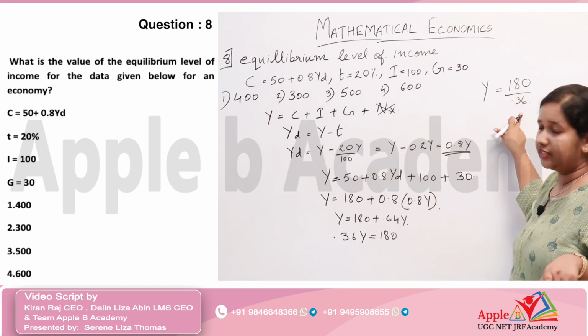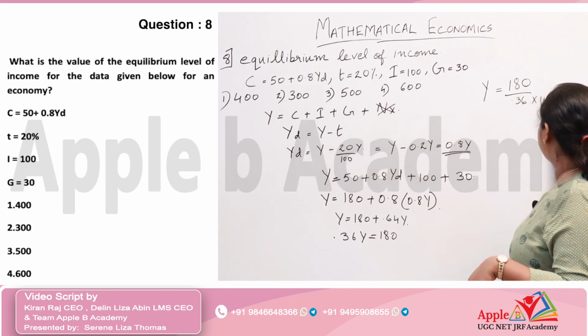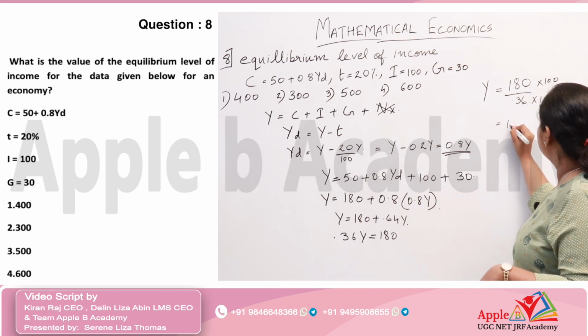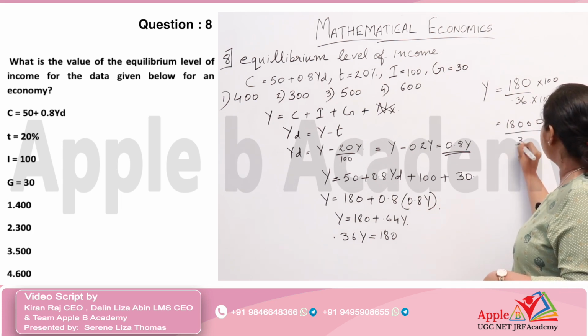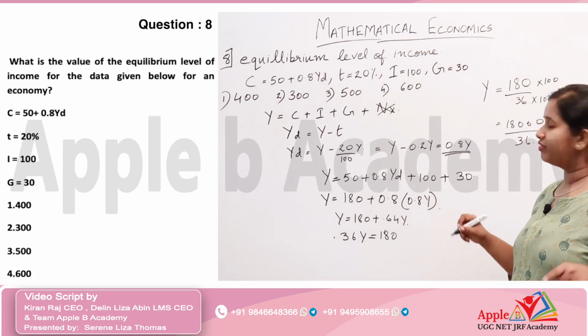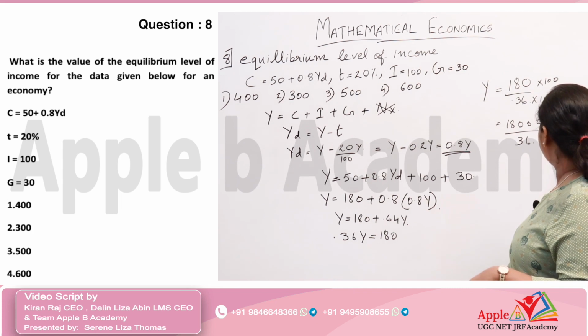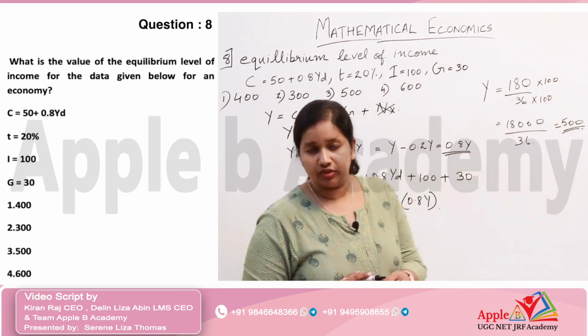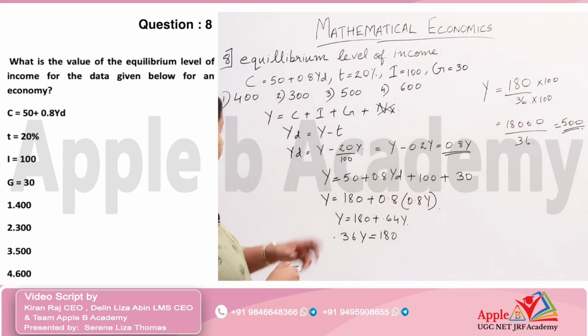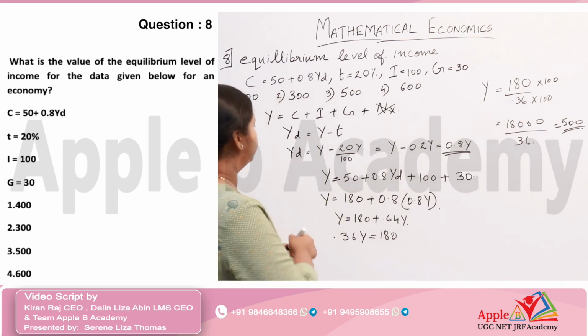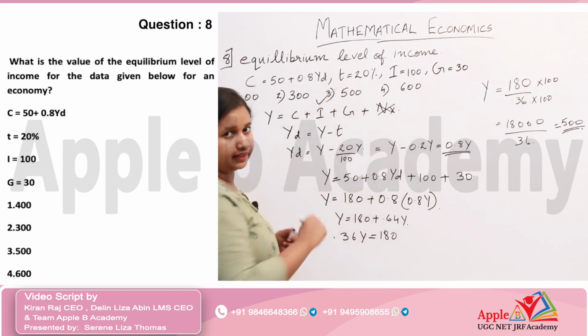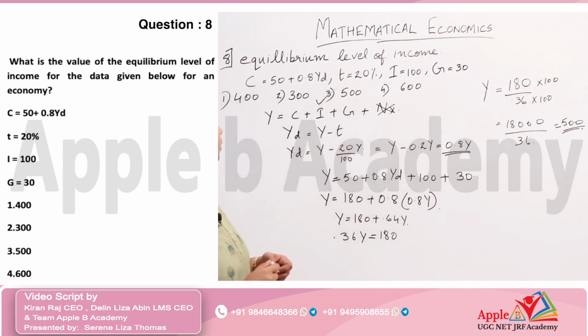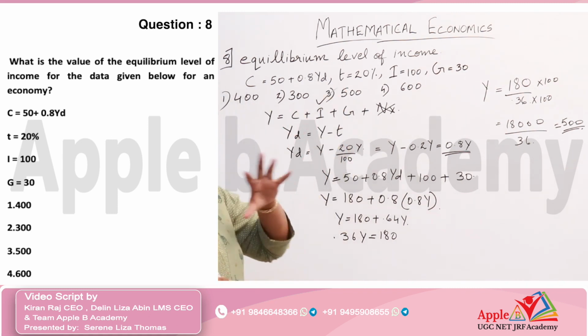So we have two decimal points here, so we multiply it with 100. So you get 18000 by 36. So 36 into 5 is 180. So you get 500. So the answer for this question is 500, which is option 3.